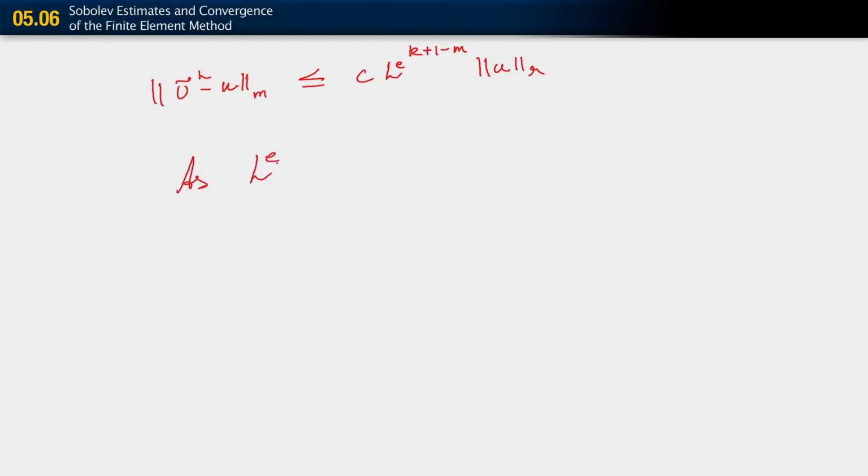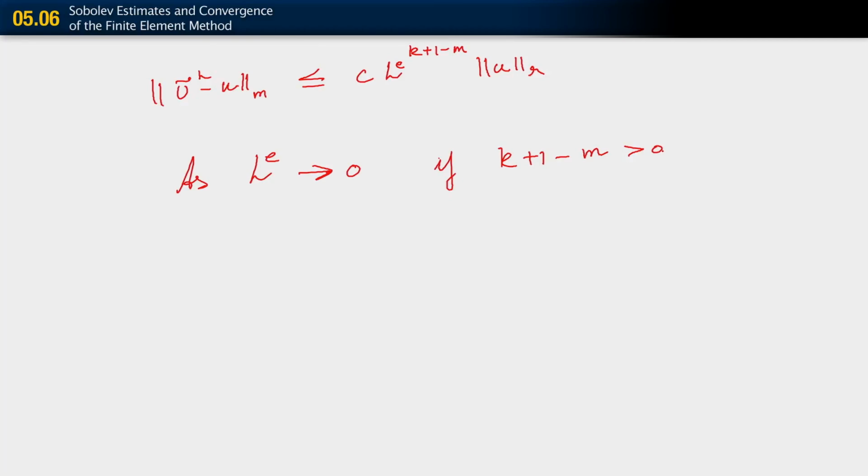But that tells us that now as h_e tends to 0, if our quantity k plus 1 minus m is greater than 0, what happens with the norm of the interpolation error? It vanishes, right?